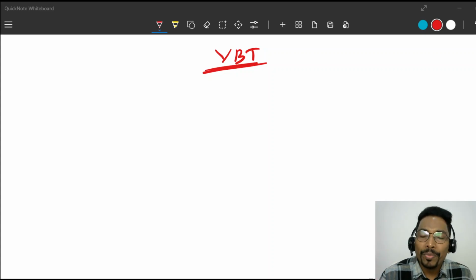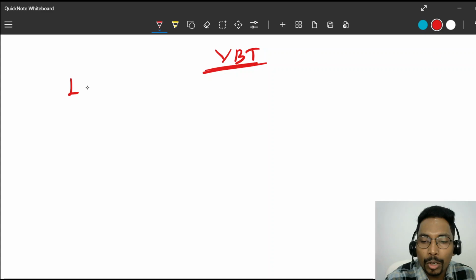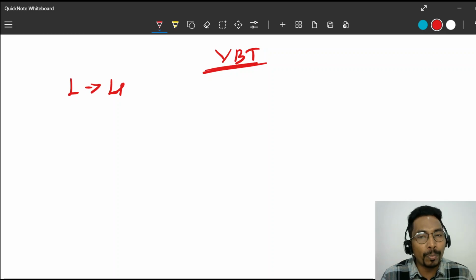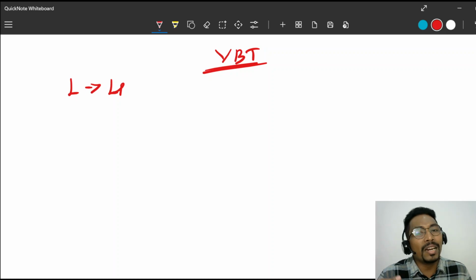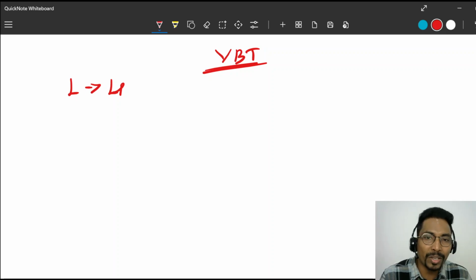All of you know that a ligand is a substance or molecule which contains at least one lone pair of electrons, an extra pair of electrons. The ligand shares this lone pair with the central metal atom. That is called a coordinate covalent bond.